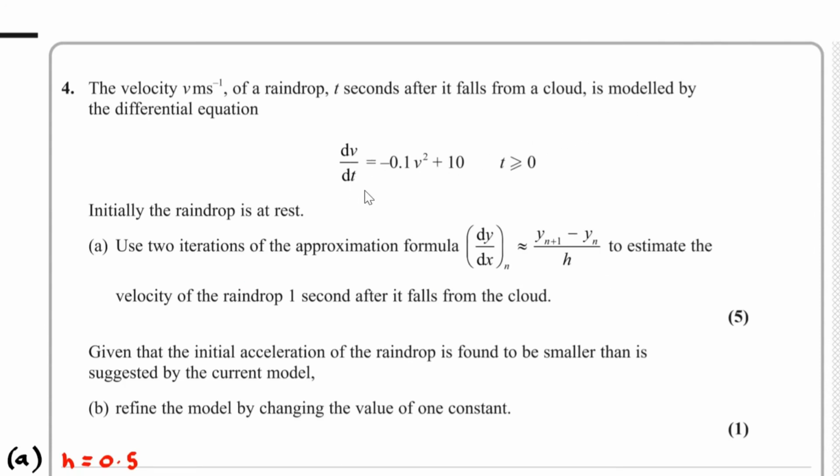Well, dV over dt would represent the acceleration. Now, we are told that the initial acceleration is smaller, and we can get a smaller acceleration by reducing this constant of plus 10.